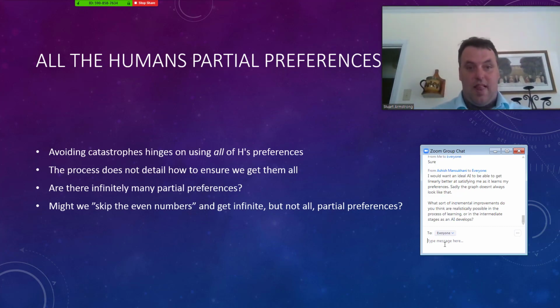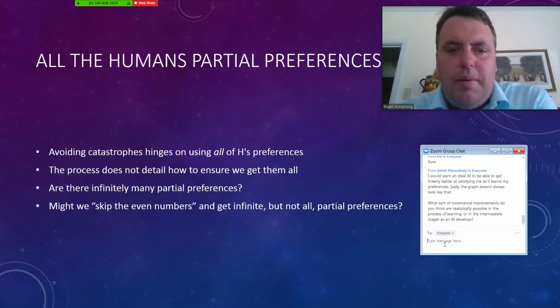Great. I want an ideal AI to be able to get linearly better at satisfying me as it learns my preferences. So the graph, what sort of, do you think? Do you want this to be an upper bound?